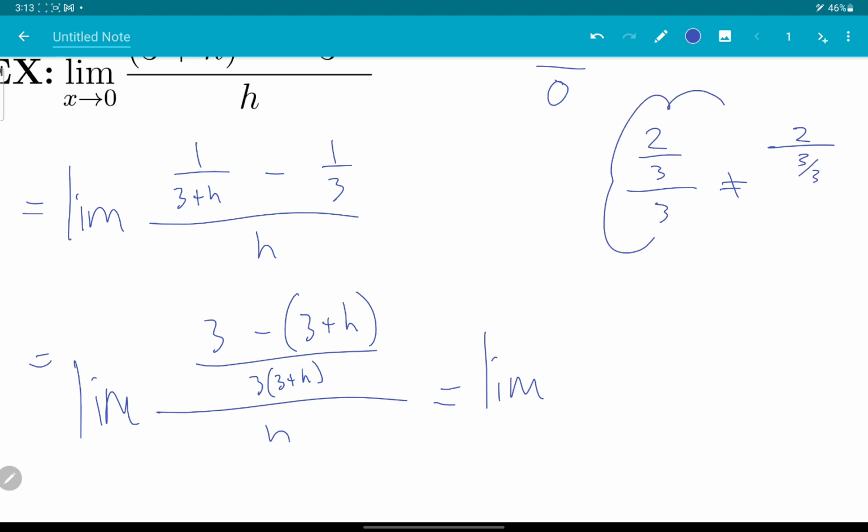Okay, they're not. You have to be careful with your division lines. Anywho, upstairs here, 3 minus 3 is 0. I get negative h over 3 plus h, all divided by h.